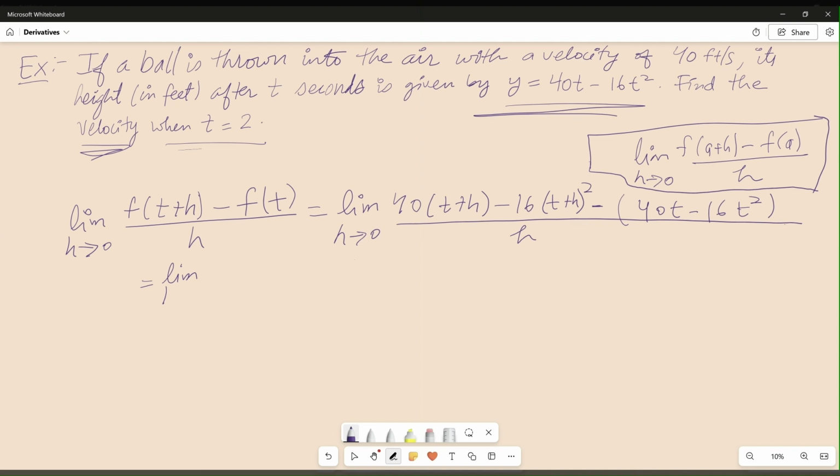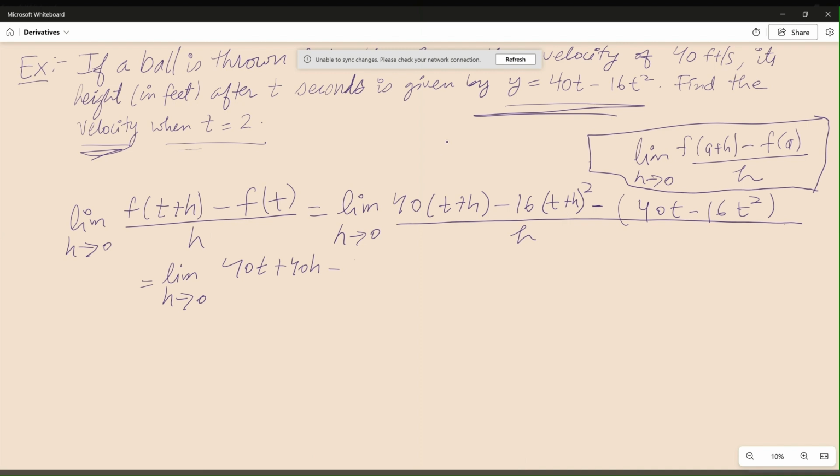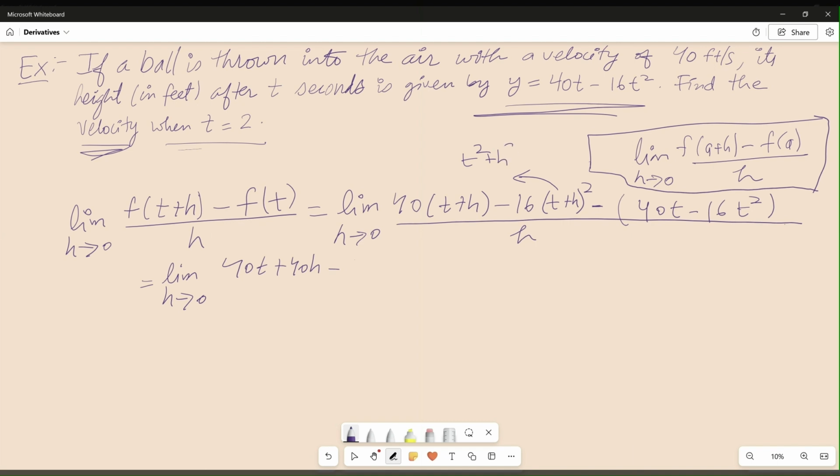So let's simplify this expression a little more. 40t plus 40h minus, and we can apply the (a plus b) squared formula here: t squared plus h squared plus 2th. We multiply 16 with this, and there's a negative sign here.